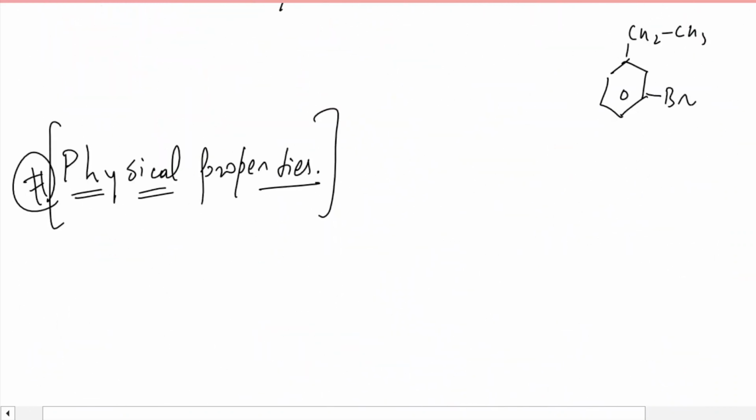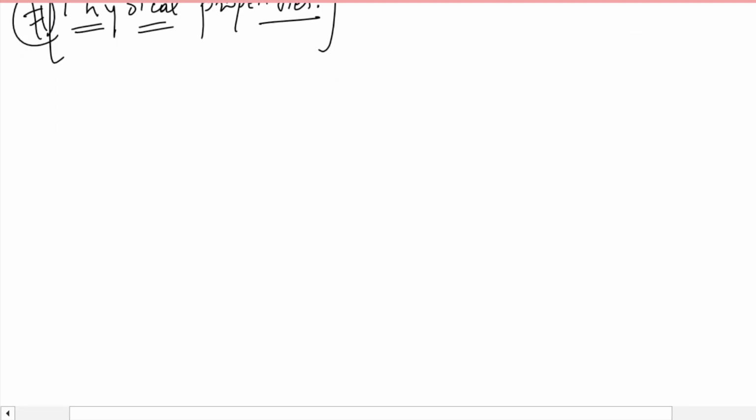Now let us move ahead to the physical properties of haloalkanes and haloarenes. I hope you have understood the preparation part. The first thing in the physical properties we will discuss is state.